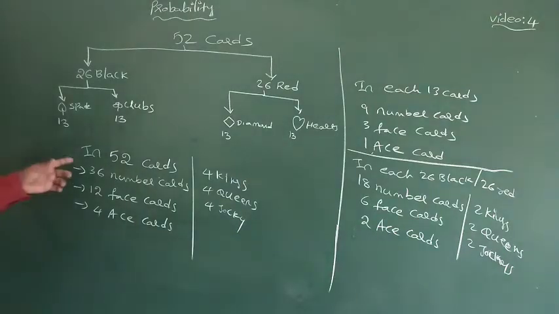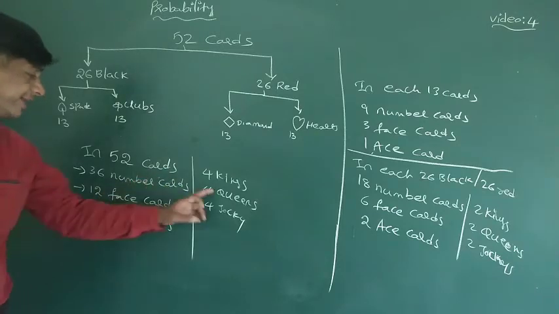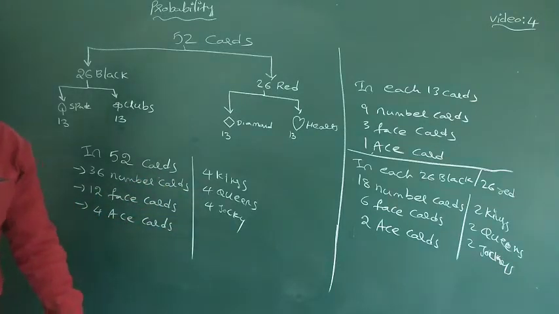In 52 cards, 36 number cards, 12 face cards, 4 ace cards. Check that one: 36, 48, 52. In these 12 face cards, 4 kings, 4 queens, 4 jockeys.